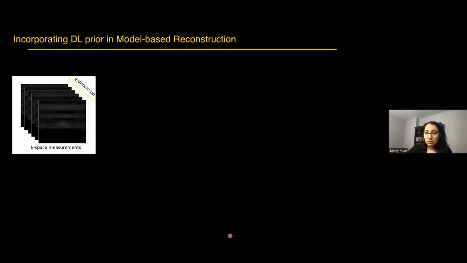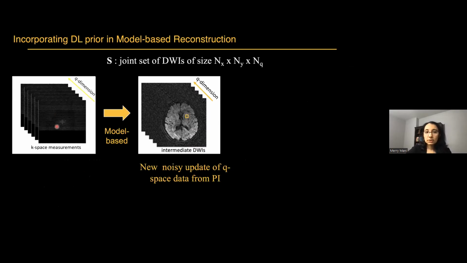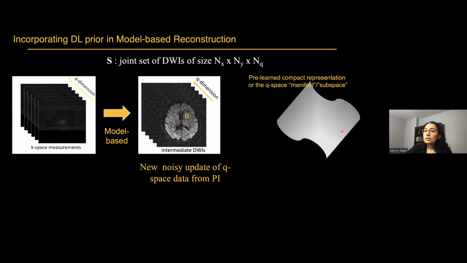So we can visualize the reconstruction as follows. You start with the undersampled K-space data, do an initial model-based reconstruction, and come up with a noisy estimate for the Q-space signals. We already know the manifold on which our Q-space data is supposed to belong. So for every voxel, you project the Q-space data from that voxel onto this manifold and then compute the projection error.